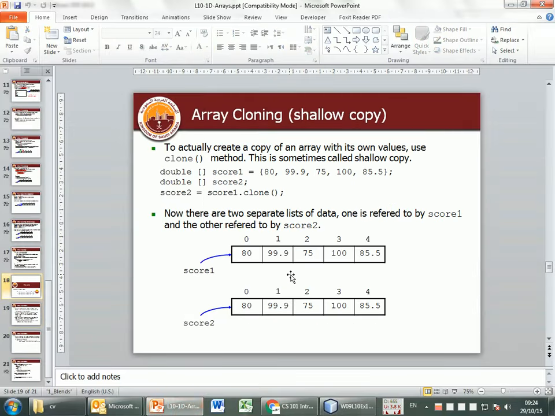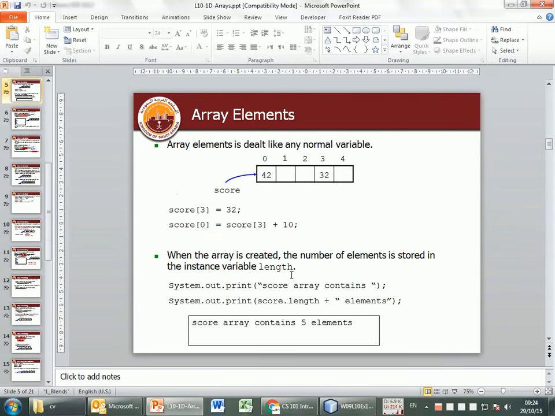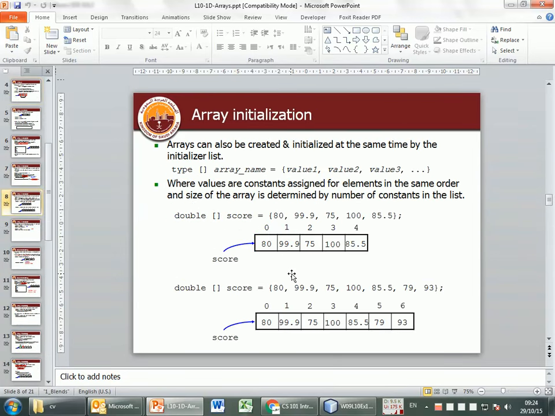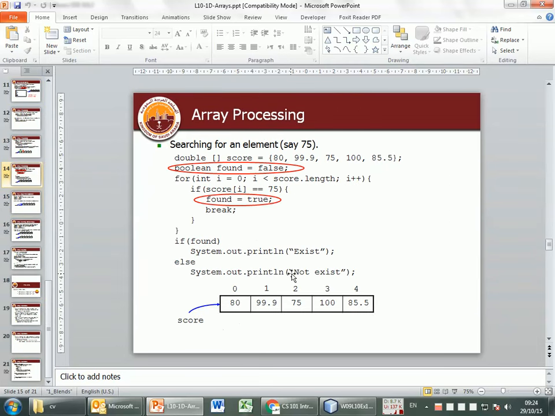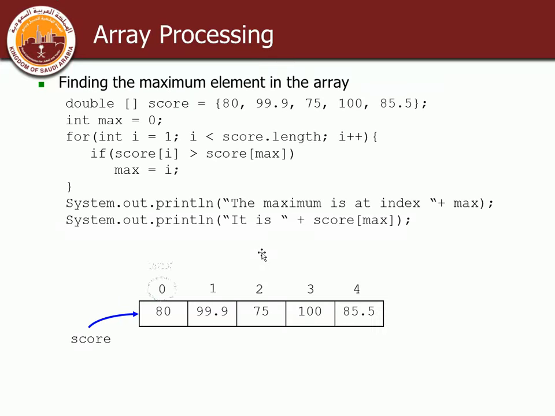Why? Actually, let me go back to the one where we were looking at the score and the array processing. If I was starting from max as 0 and I was starting from 1, what happens if I start actually from 0? I'm going to compare score of 0, 80. Is it greater than score of max, 80?